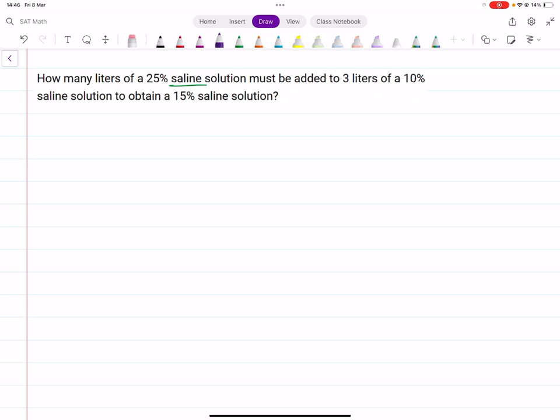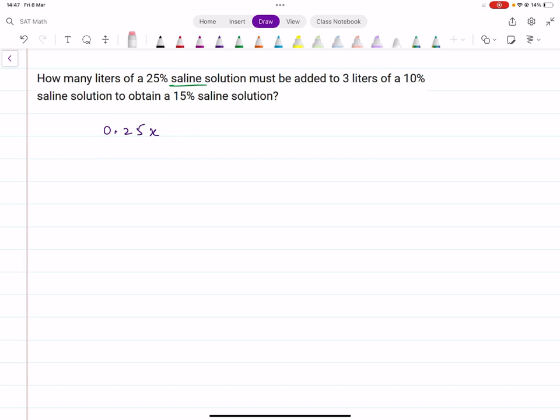Now, if you had X liters of water, how much would the salt be in that? 0.25 times X. So for this 25% saline solution, we can say the amount of salt is 0.25x.